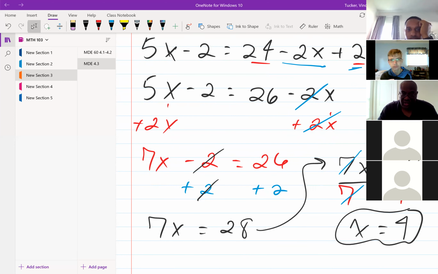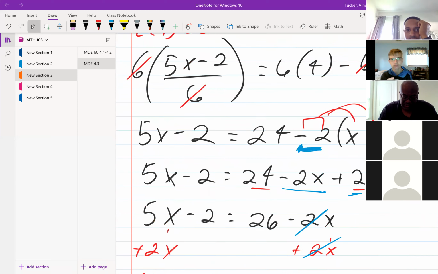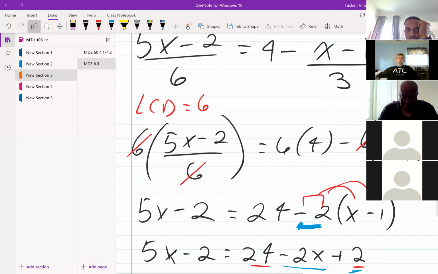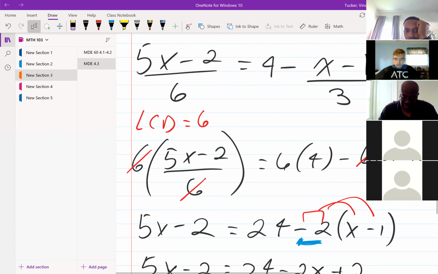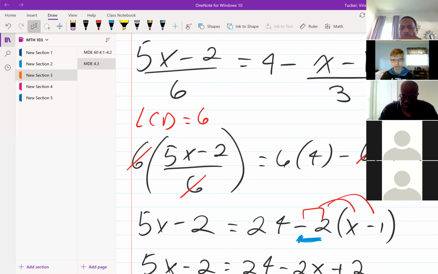Can you start at the beginning of the problem? What I did was I put the 6 on the outside in parentheses. Then 3 goes into 3 one time, and 3 goes into 6 two times. Then I took that 2 and multiplied it to the 4, to the negative x, and to the negative 1.